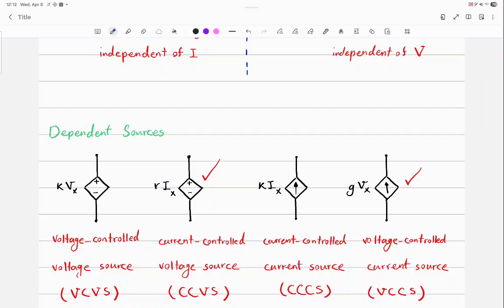Whenever you see dependent sources, first just focus on what type of element it is. What type of element that is? Current source, okay? So whatever is written beside that should have the units of amps, okay? And I don't care what it is, it's just a value. The important thing is that this is a current source, and that is a voltage source.